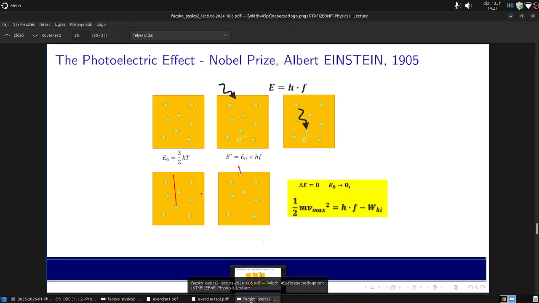So, the energy of the photon became the kinetic energy of the escaped electron, and also we have this work. Nothing more than that.